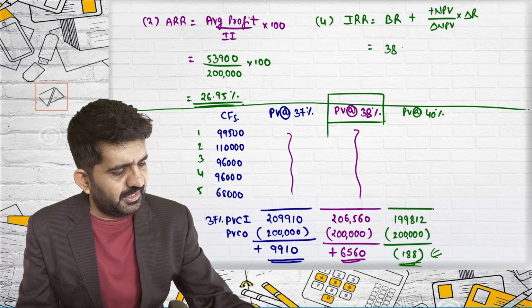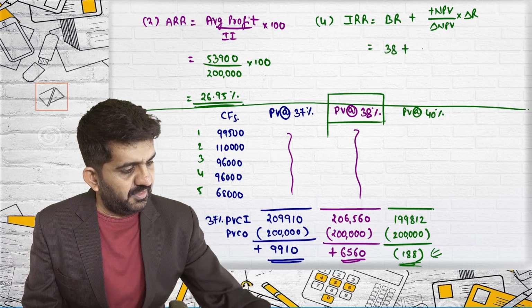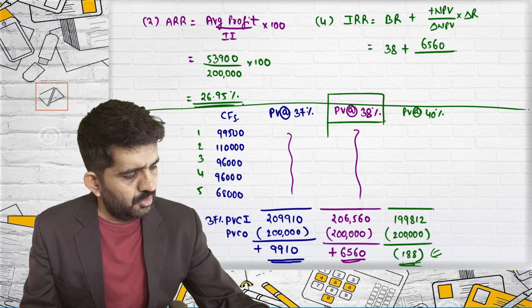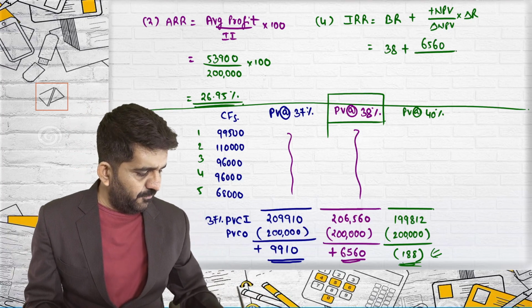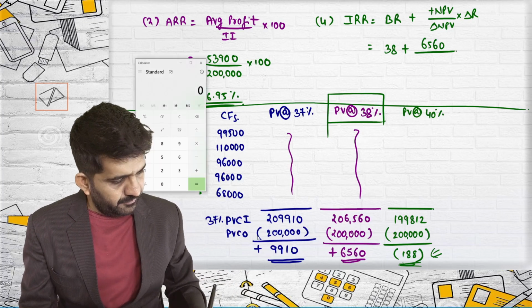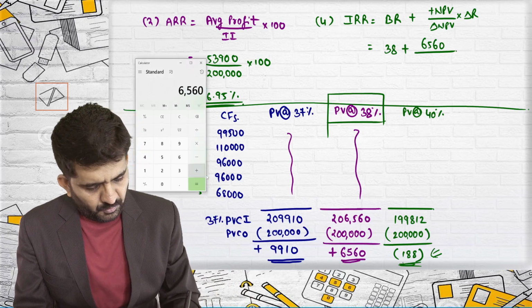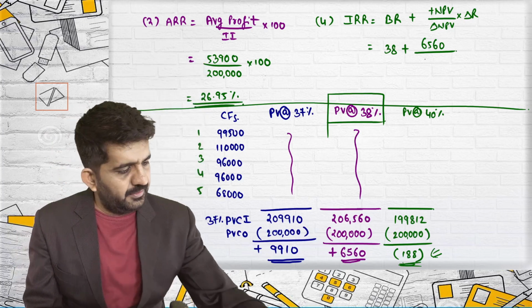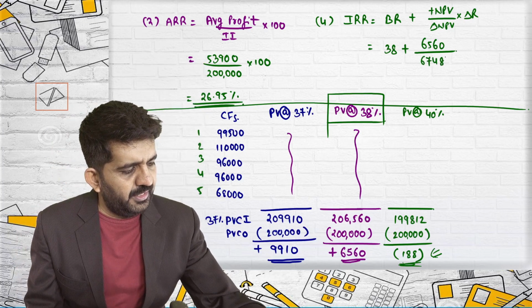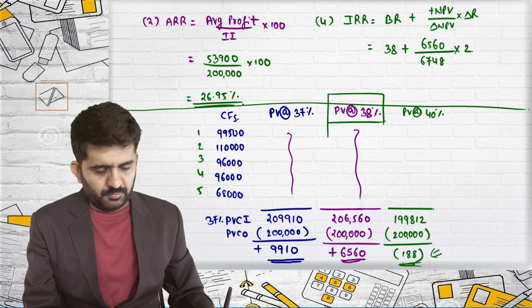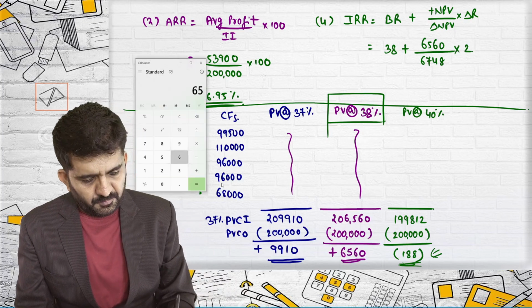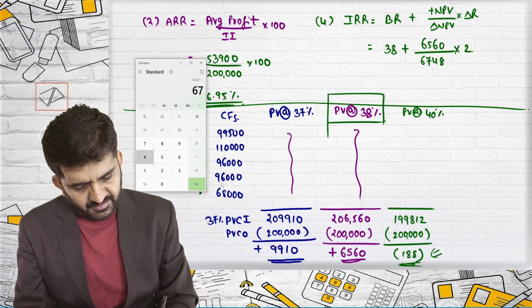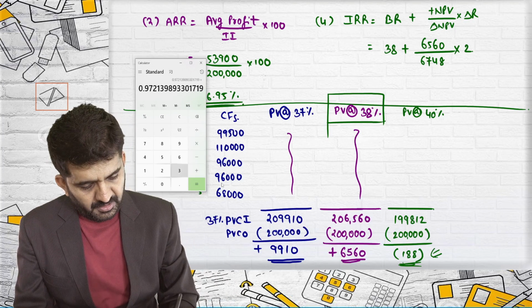Base rate is 38, positive NPV is 6560 divided by difference in NPV, 6560 plus 188, 6748, multiplied by 2. 6560 divided by 6748 multiplied by 2.